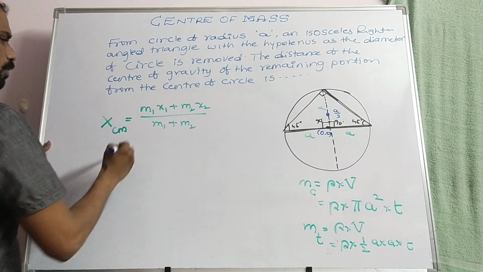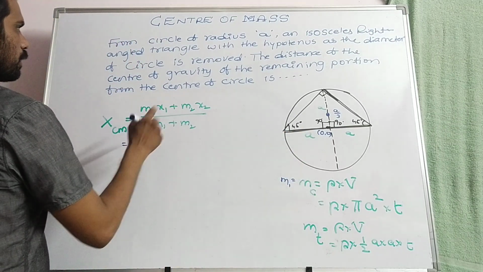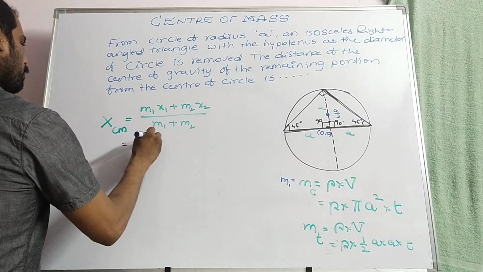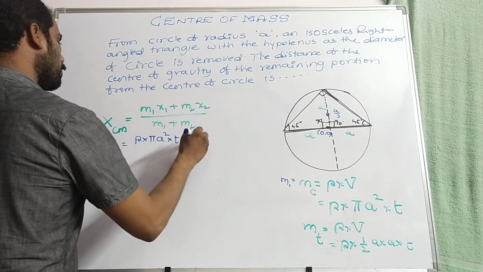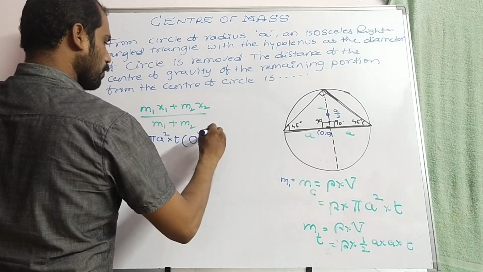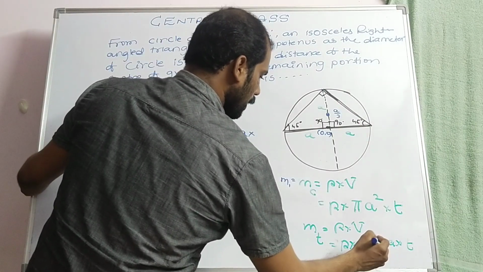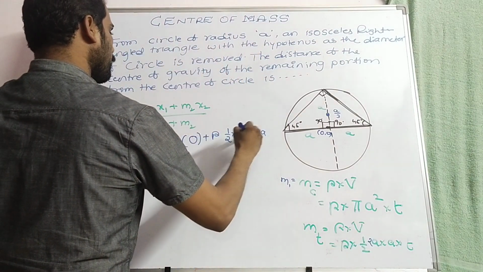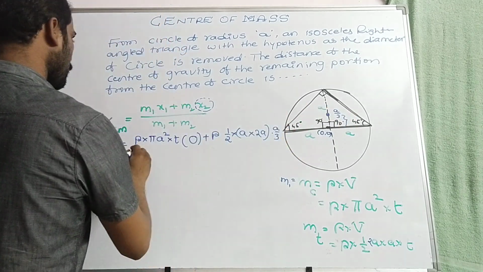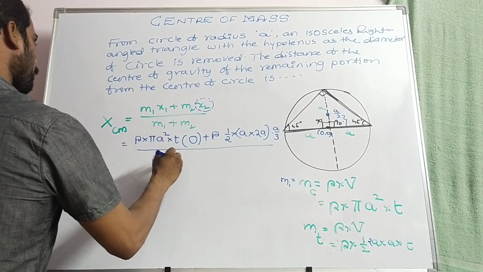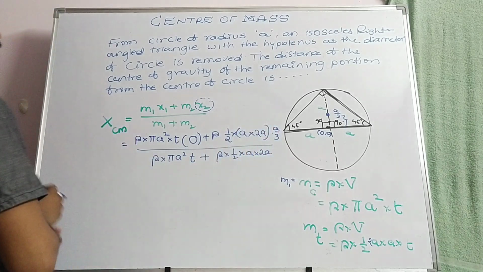Now, m1 is the mass of the circle of radius a, so rho into pi a square into thickness into 0, plus, for the triangle, rho into half into a into 2a, with x2 equal to a by 3, divided by rho into pi a square into t plus rho into half into a into 2a.